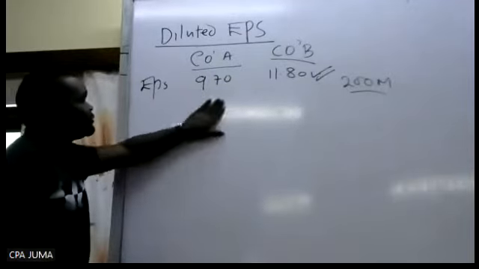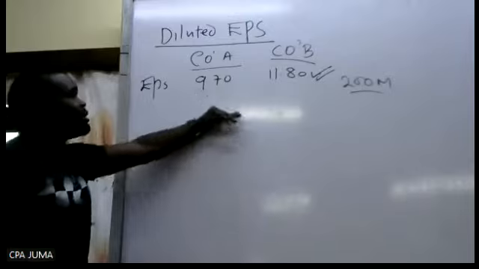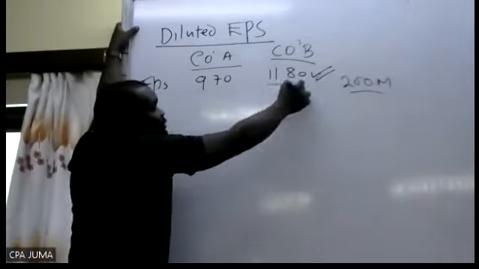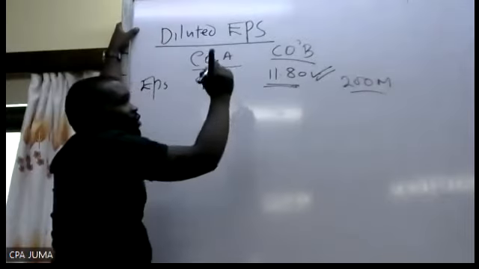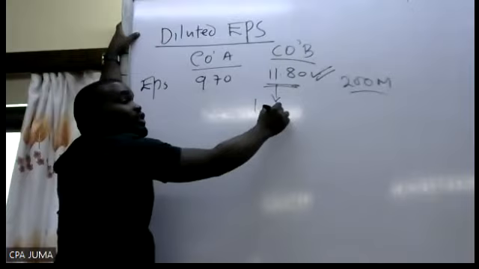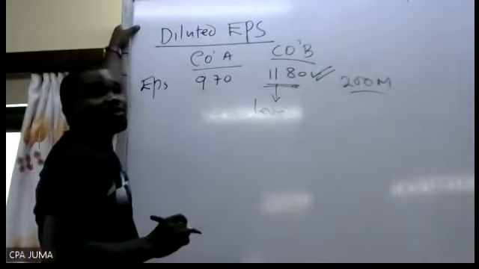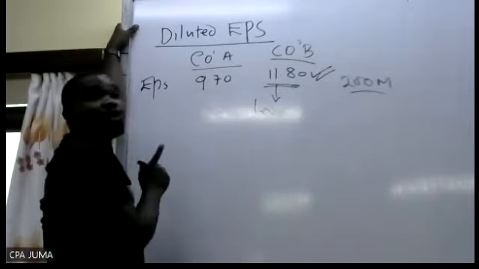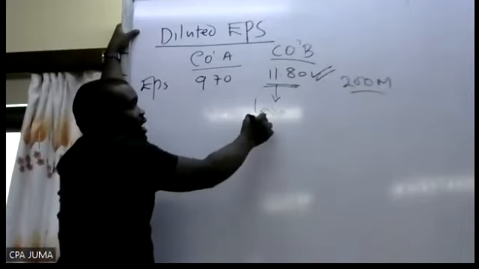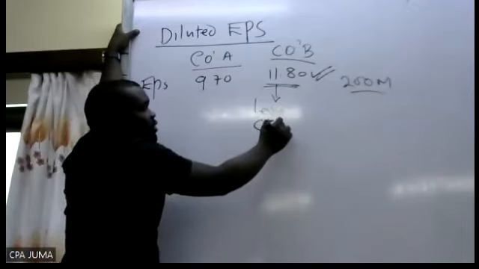What should happen? You know what happens with these companies? Sometimes you find that fine, there is no problem. They have reported favorable EPS. And one limitation of EPS is that it fails to take into consideration the leverage position. These people might have borrowed debts, and they gave out debts with this clause.